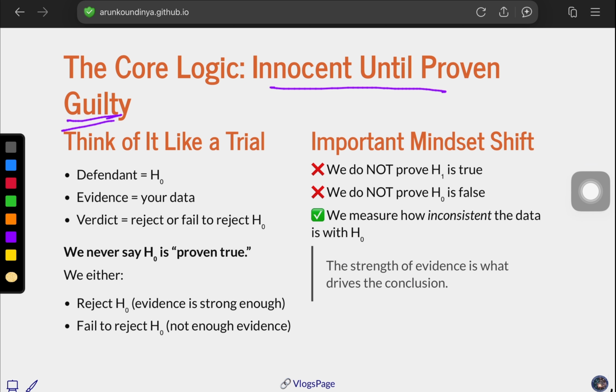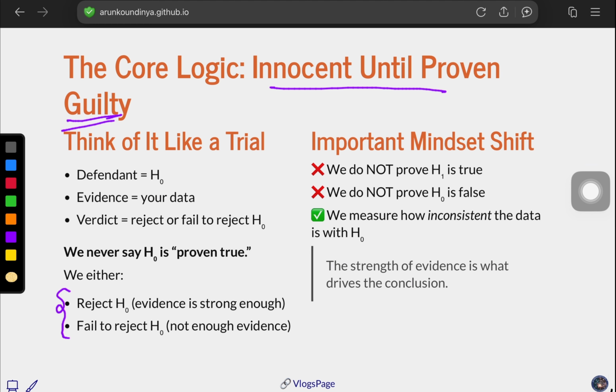Or else you stay with the position that we do not have any strong evidence, and you say he is still innocent because you do not have any strong evidence to prove him guilty. These are the two important decisions we always take.